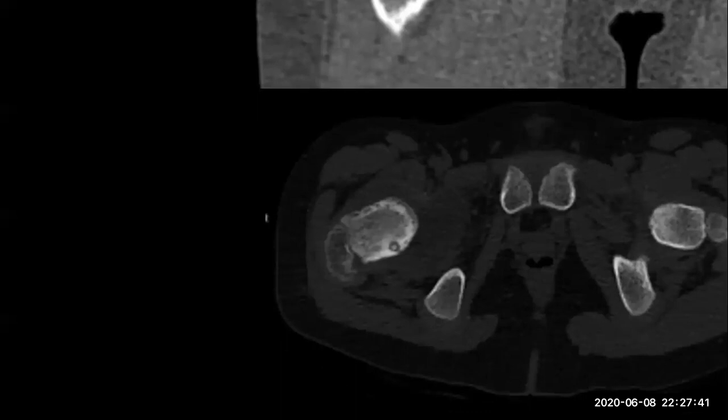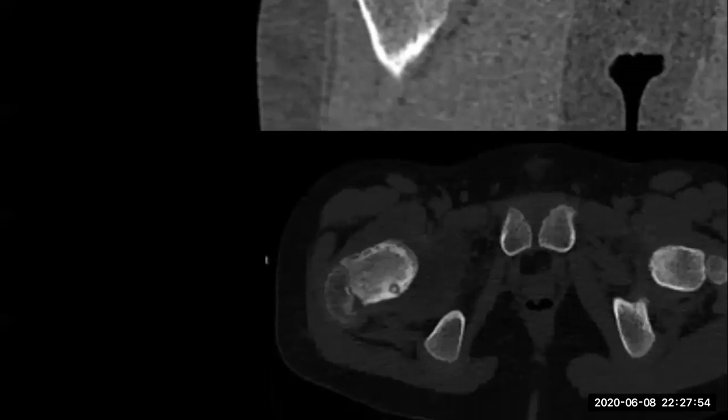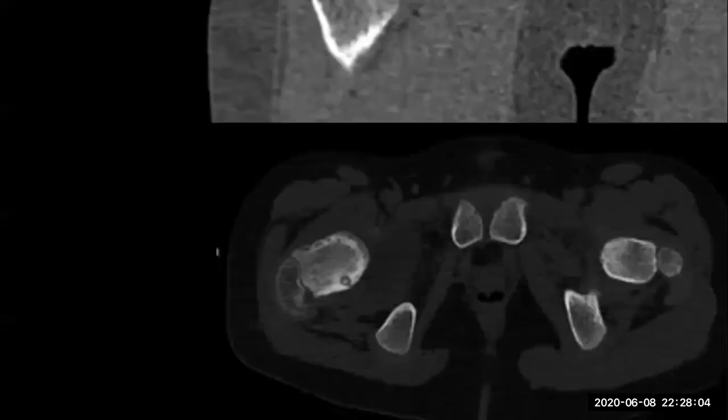But is there anything particular in this patient? Look at the bone window of this axial cut. Is there anything around the hip, around the neck? Compare the right with the left.